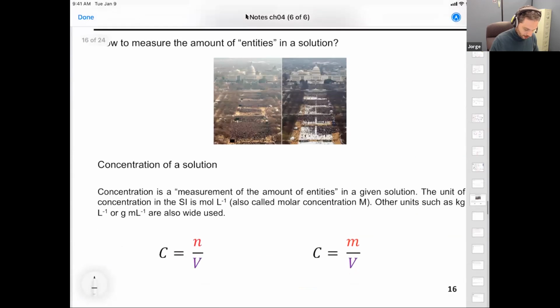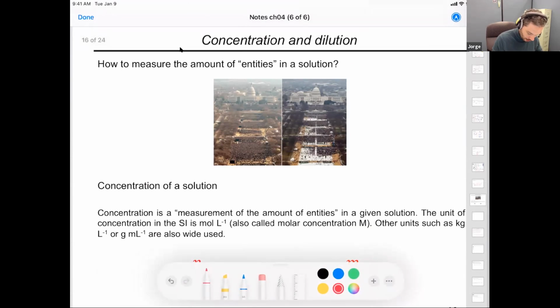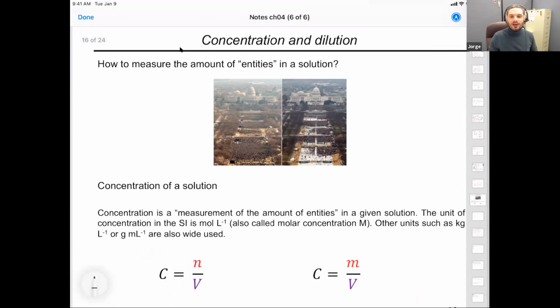So let's go back here to concentration. I showed you on Monday the formula, a very simple formula. Let's do a quick recap about the equation. There are two ways to represent concentration. The first one is called molar concentration and the units are mole per liter. The formula is the one shown on the left side.